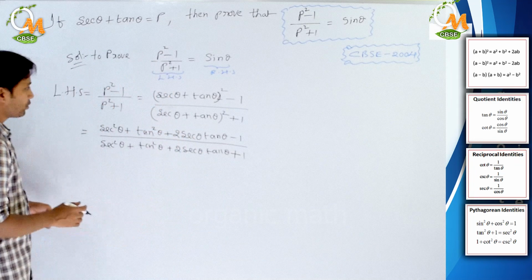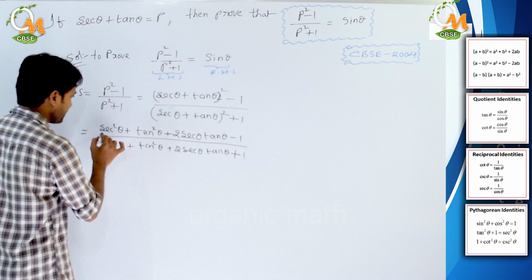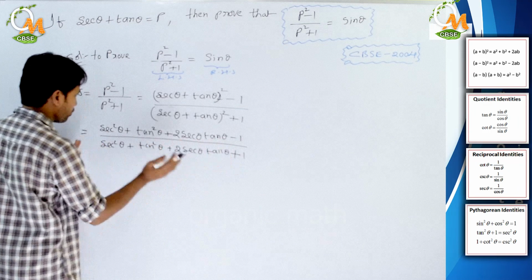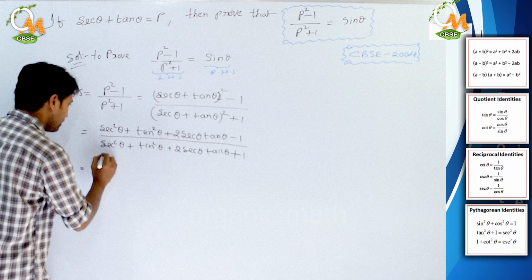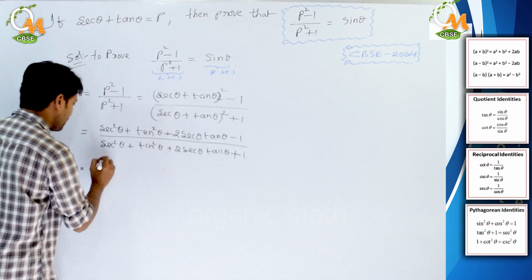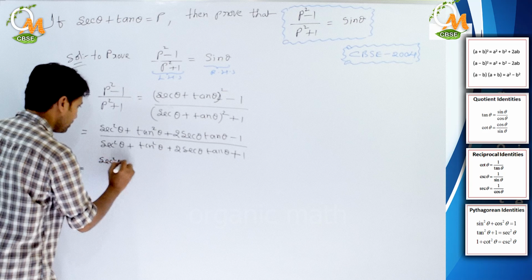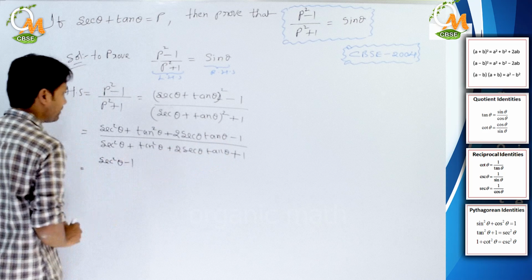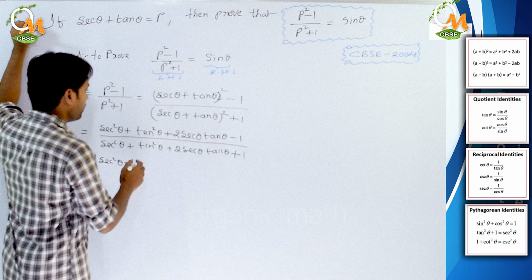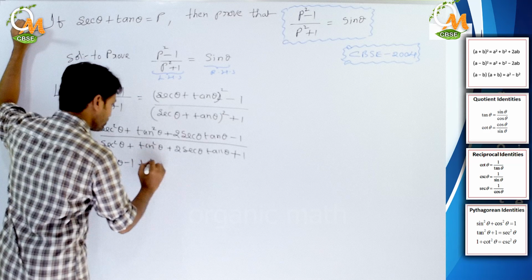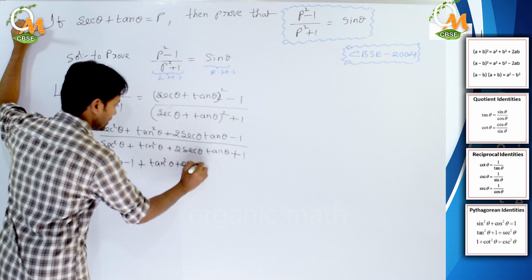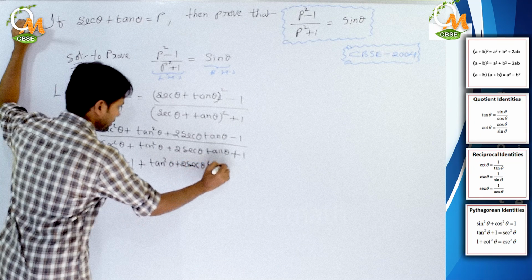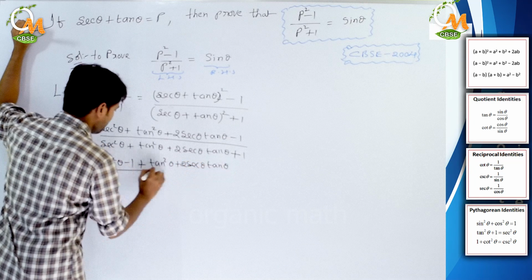Okay, what we have to do here, this is secant square theta and here minus 1, group them together. Here just see secant square theta, here minus 1 is there, so we can write minus 1. Okay, plus this is tan square theta plus 2 secant theta tan theta upon.